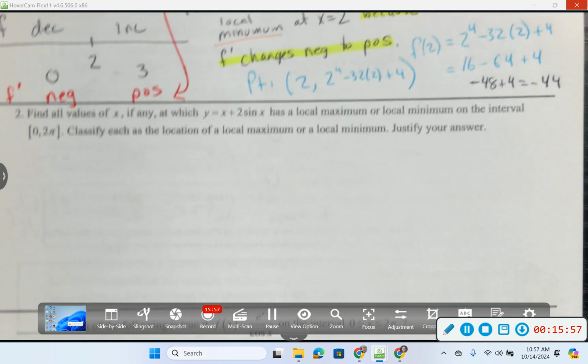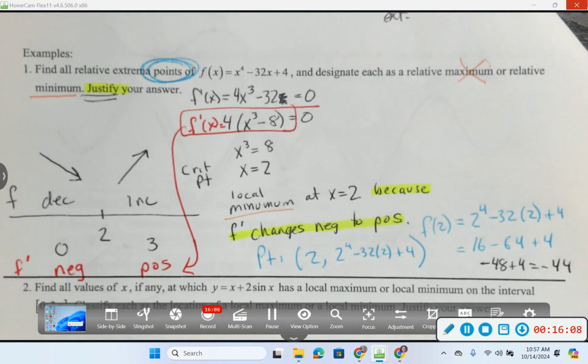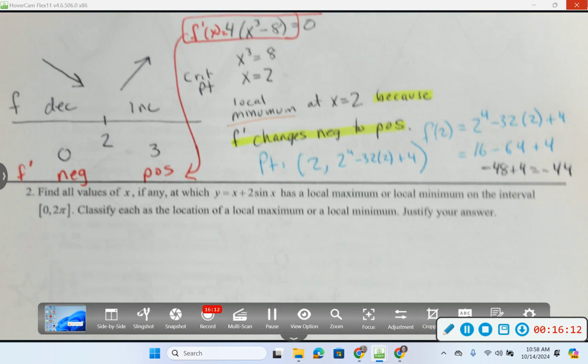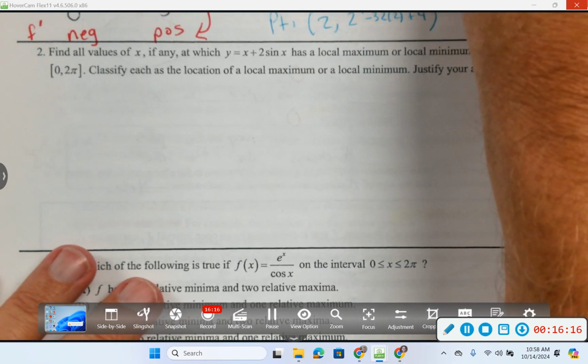All right, number 2. Find all values of x. Oh, so already, how is number 2 different than number 1? Find all values of x versus find all points. So I won't have to go back at the end and plug in. My x values will be enough.